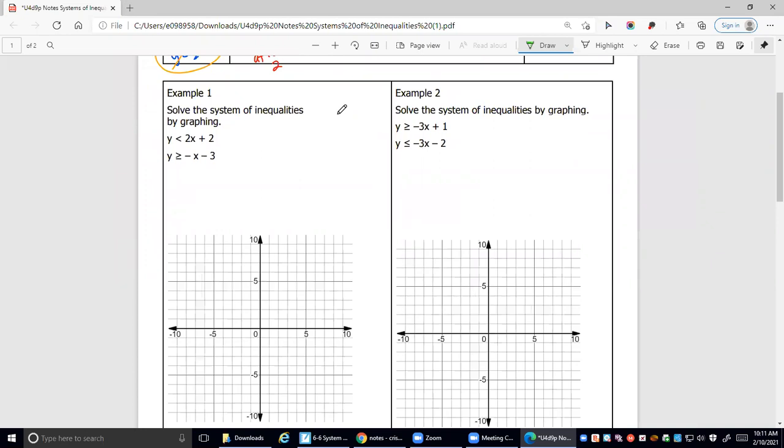Okay. We're going to solve the system of inequalities. So let's start off with this first one. I'm going to make this one right here yellow, just so we can keep it straight. And the second one, I'm going to make blue.